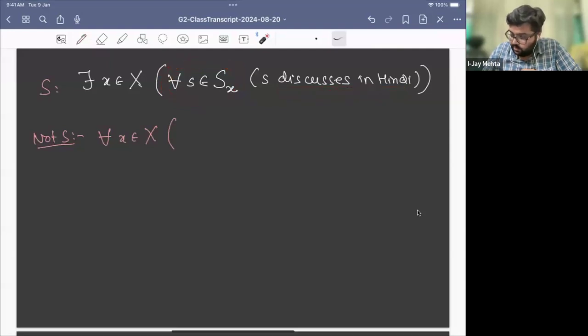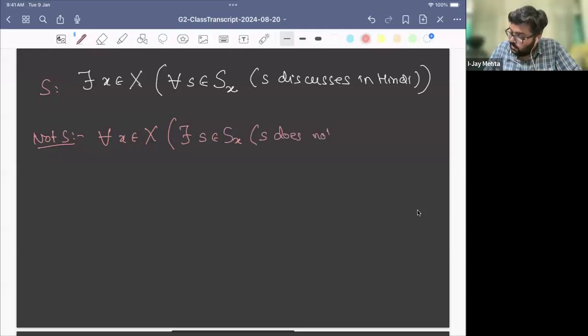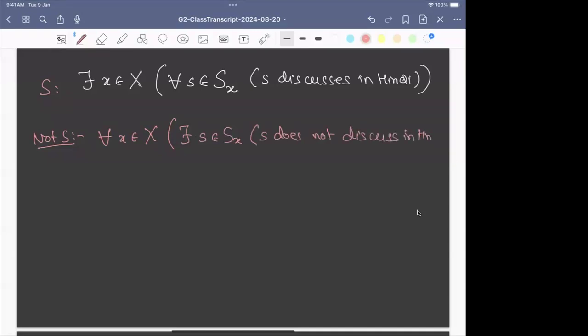So when it is not true, if I can at least find one student, there exists a student S in Sx such that S does not discuss in Hindi.